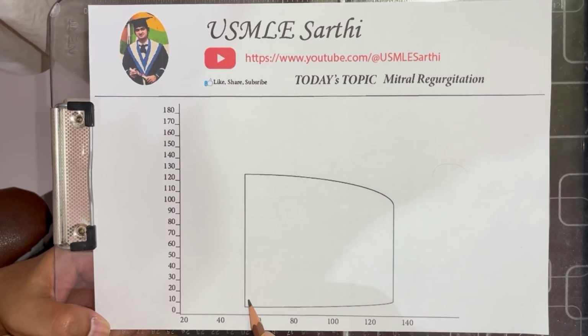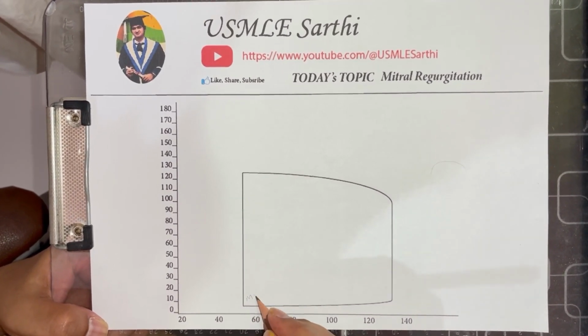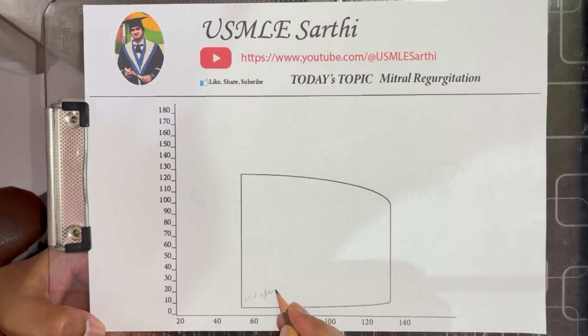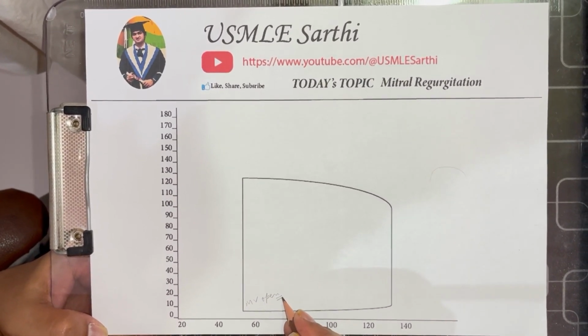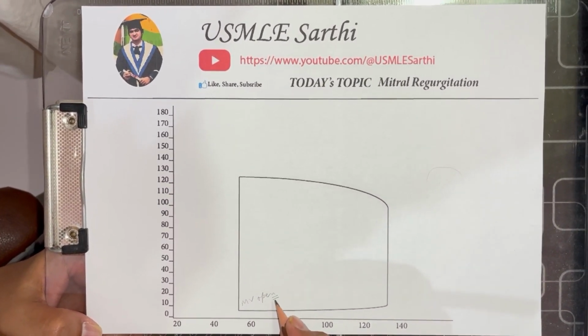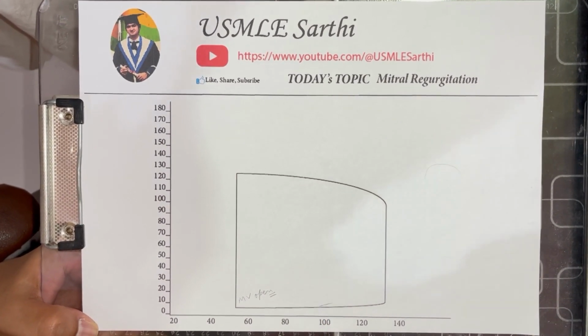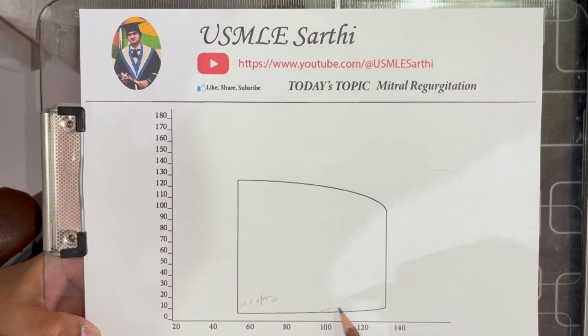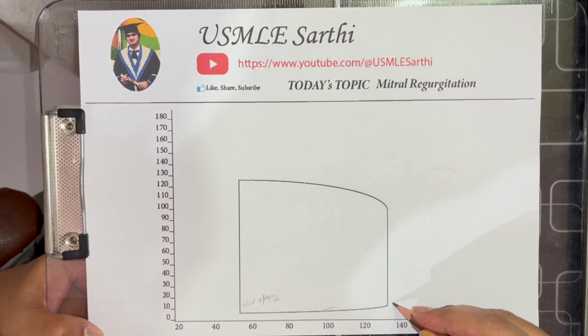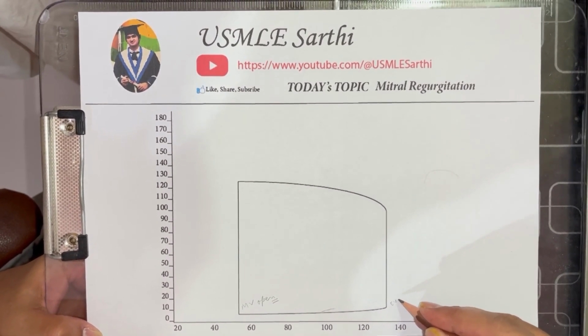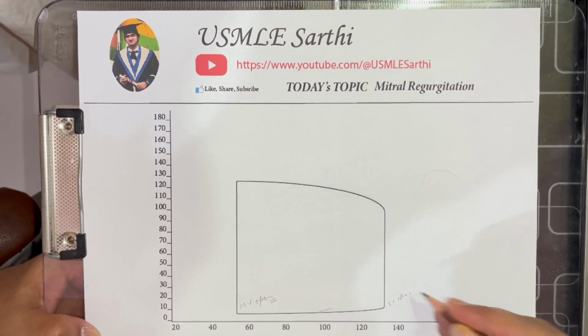So this is the point where the mitral valve opens, but in mitral regurgitation the valve is incompetent, so it is almost always open. So from here, suppose the ventricle starts to eject, actually this is the point where the left ventricle starts to contract.